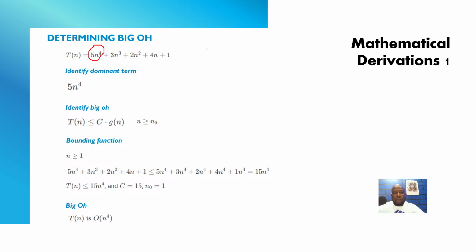It's just like you have n raised to power 2 plus 30, something like this. This 30 is insignificant. It may be significant at lower values of n, but at very large values of n, it becomes insignificant because it is constant.